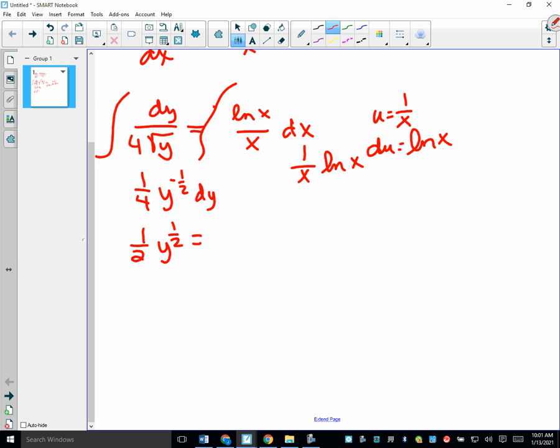Do you agree with that? So what I actually have here is the integral of u du.